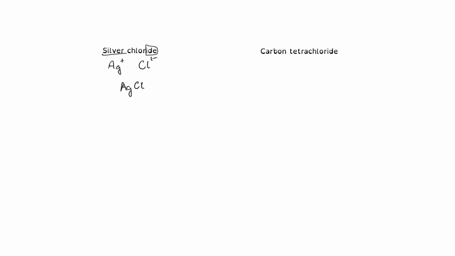On the other hand, you have carbon tetrachloride. Carbon is C, and chloride, just like in the previous one, is simply chlorine. However, in this case, you will not put any positive or negative symbols over here, because in covalent compounds, covalent equals no charge.